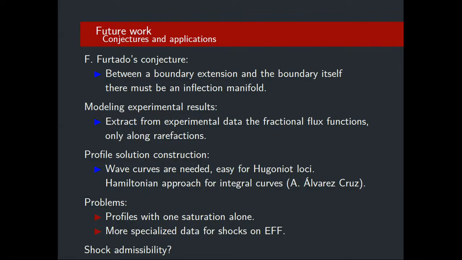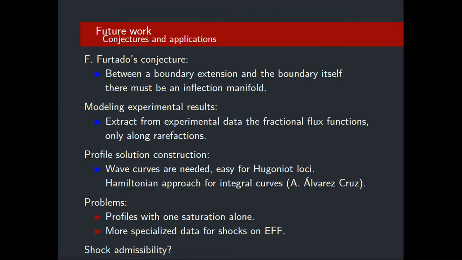You may need another of the flux functions to do the profiles for the other saturations. And of course, with experimental data, I only see things when we have rarefactions, because we can measure the speed of every point in the rarefaction. But the shock wave is only going to connect one point to another point in the state space. Everything in the middle, I cannot take.